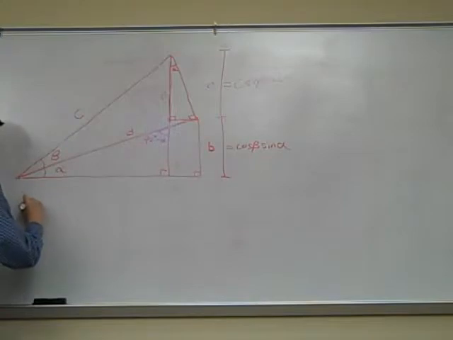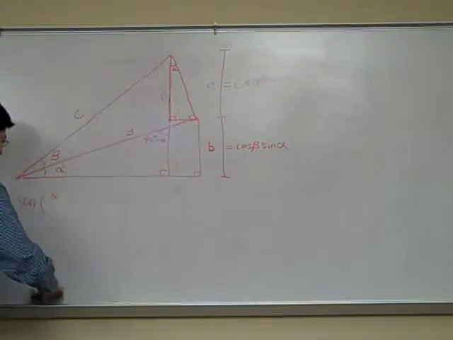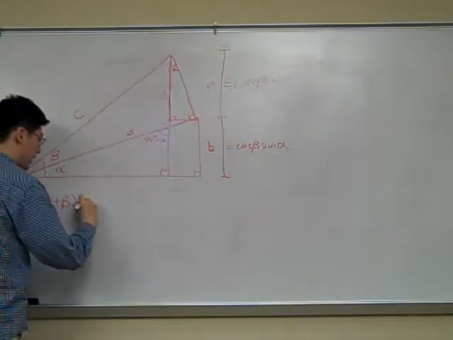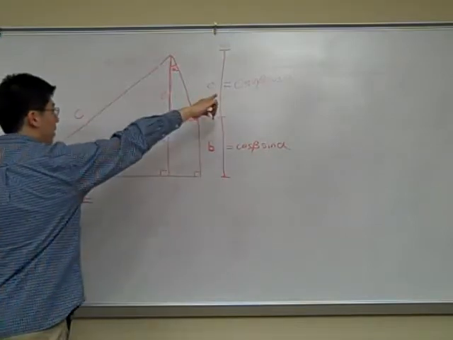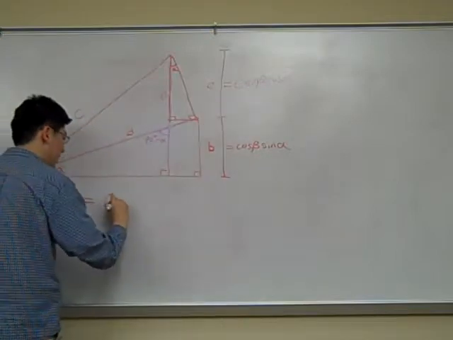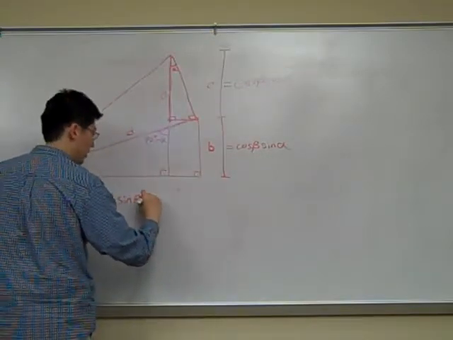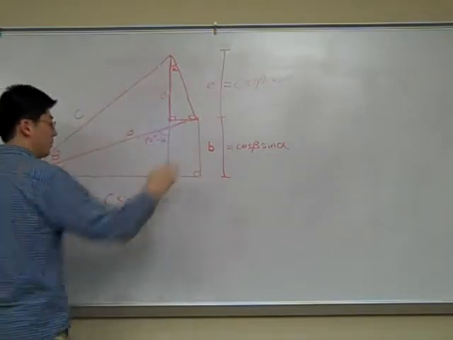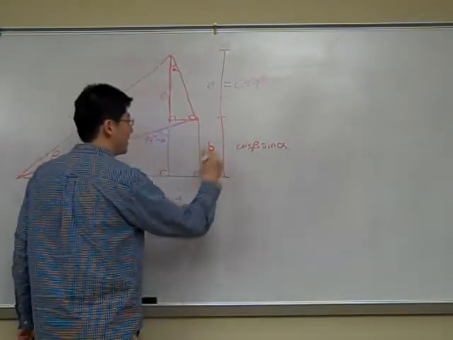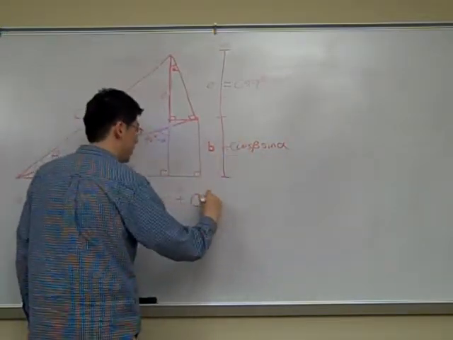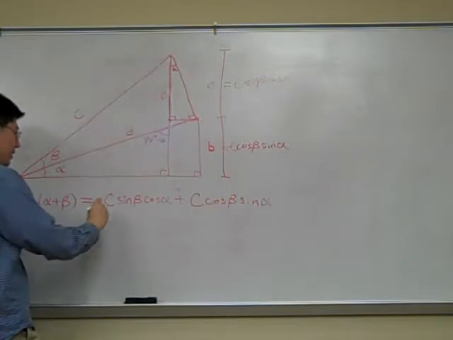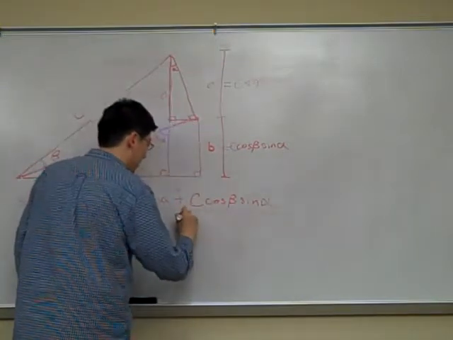So sine of alpha plus beta is equal to the ratio of this whole side, which is c sine beta cosine alpha plus this length. I copied it wrong, because there should be a c up front. So plus c cosine beta sine alpha. And this whole length should be divided by the length of the hypotenuse.